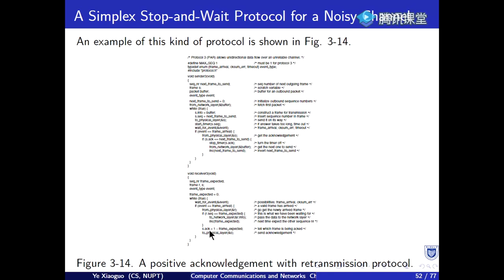And if the sequence number is the frame expected, then accept the frame: get the packet, deliver the packet to the network layer, and increase the frame expected. That means the expected next frame to arrive.